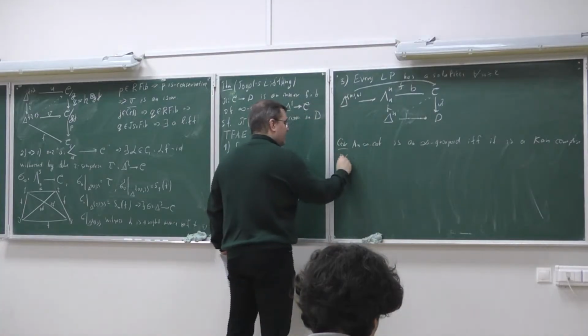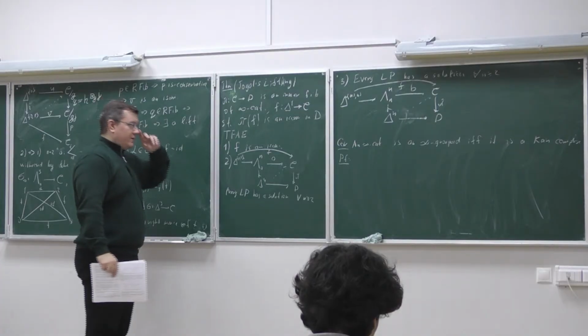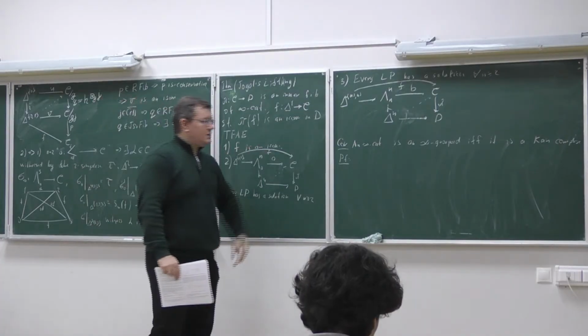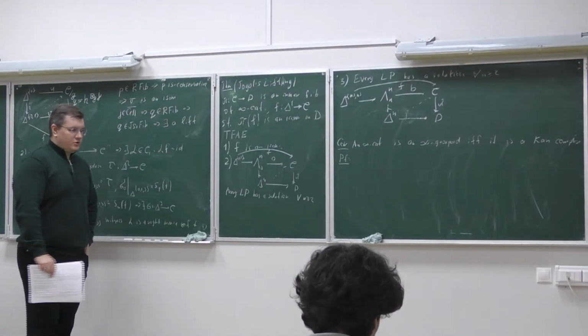Now, this is a statement that I formulated before. I think I proved this in one direction, in the easy direction. If you start with a Kan complex, you'll get an infinity groupoid. But the other direction is harder.